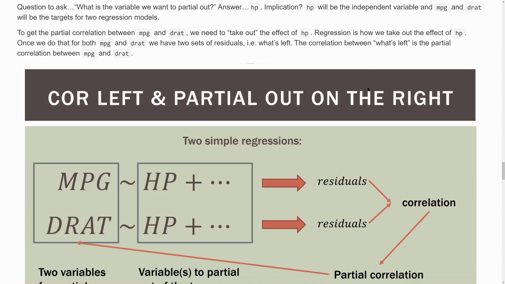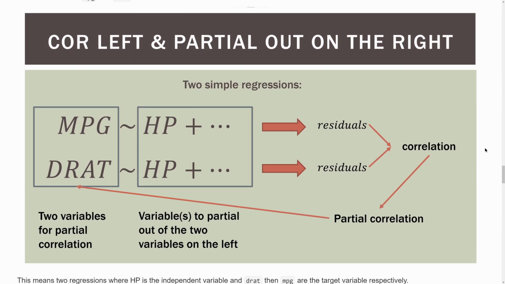And as a diagram, it looks like this. So we have 2 simple regressions here. On the left, we have the 2 variables we want the partial correlation for. So in this case, it's miles per gallon and drat. Then what we're going to do is create 2 regressions with the variables we want to partial out, which is on the right.